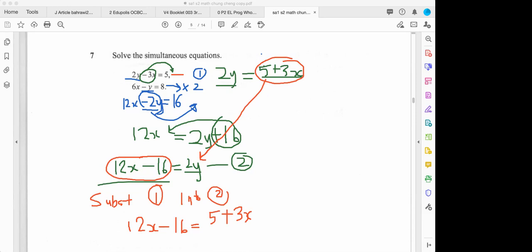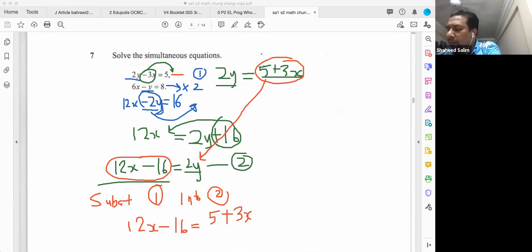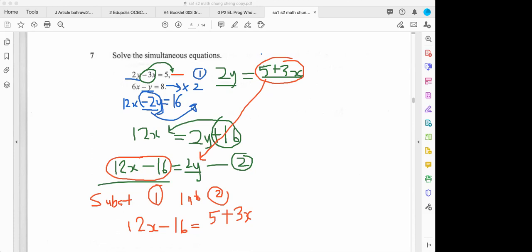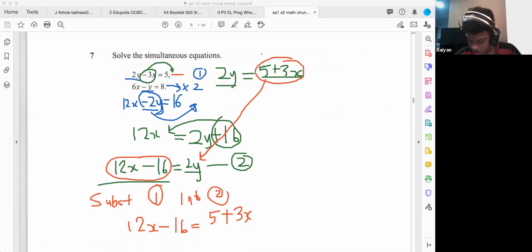2 whole 1/3. That's x. Okay. What's the value for y? Haven't yet. Okay. X is 2 1/3. Well done. 2 1/3 is correct. Y will be a whole number.